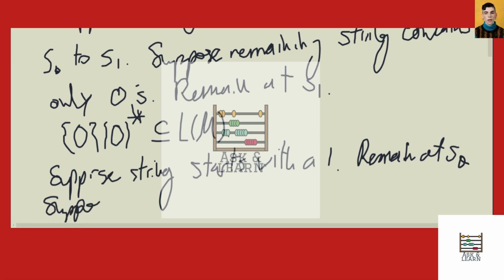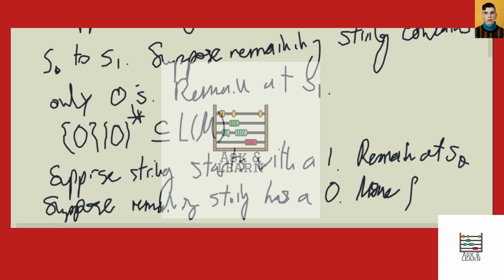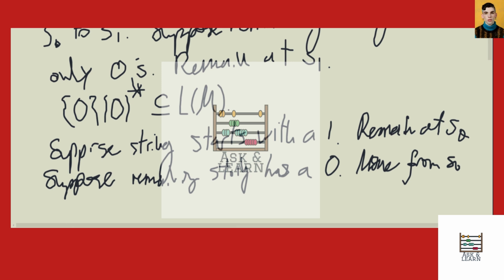So suppose that the remaining string has a 0, then we're going to move from state S0 to S1, just as in the previous case.